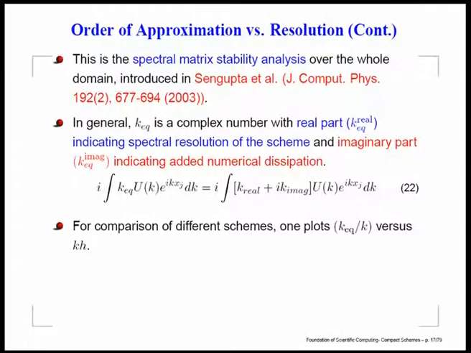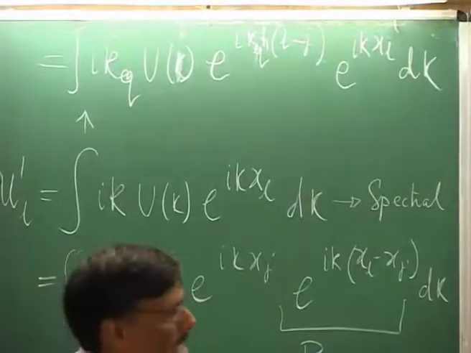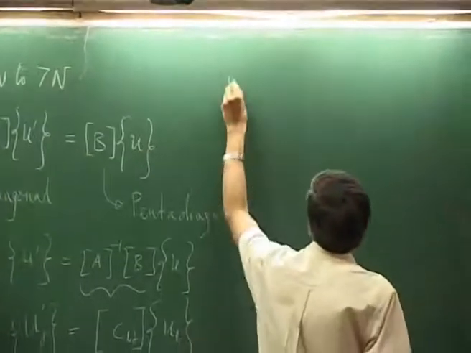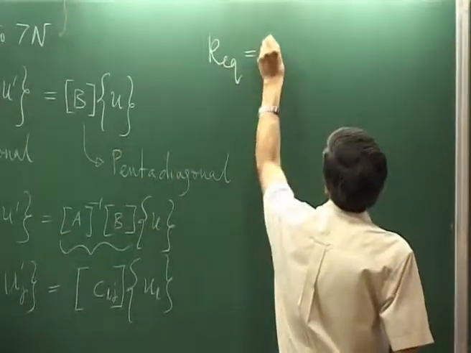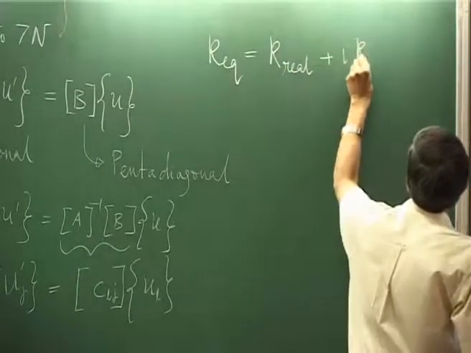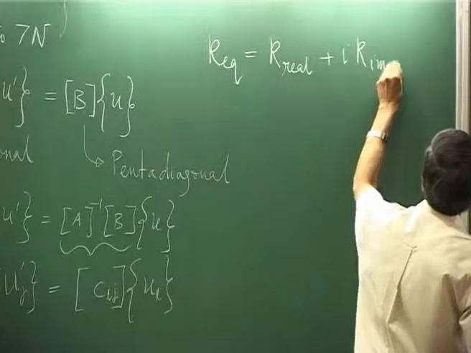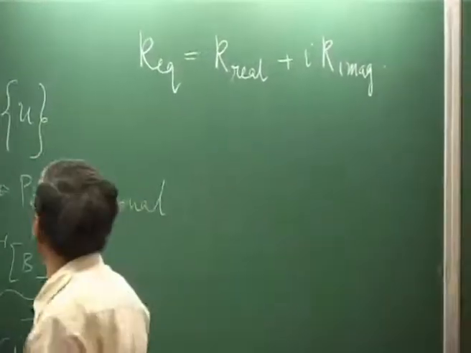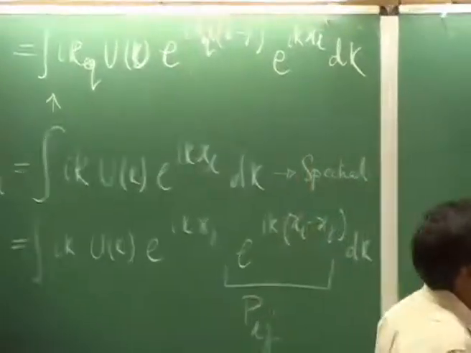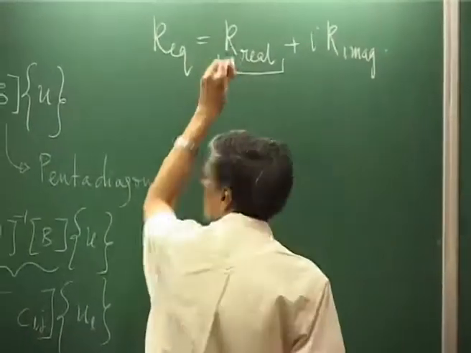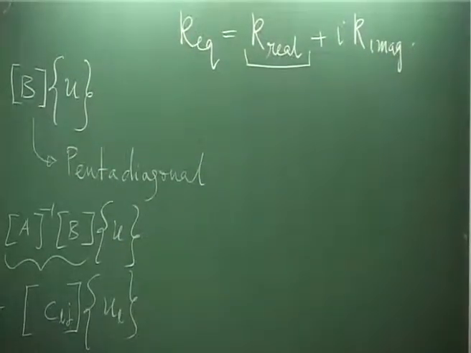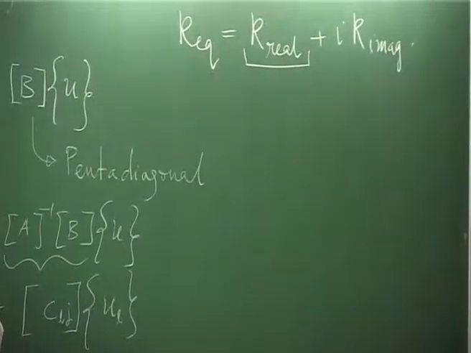So, if I now write that k equivalent to consist of a real part, then of course, if I am looking at I k equivalent, this part is going to give me the phase part, right. That you can easily see, the real part actually contributes to the phase.